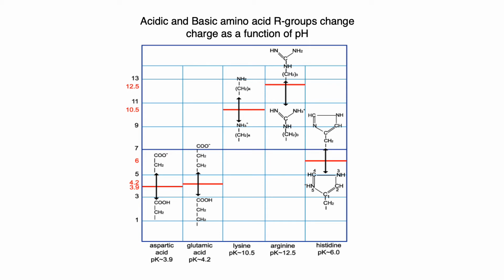In the case of the acids, they become uncharged. In the case of the bases, they become charged. Above the pK, they lose a proton. In the case of the acids, they become charged, negative. And in the case of the bases, they become uncharged. They lose that positive charge. If you have questions on that, send me an email, or we can meet sometime, but that's something that's important.